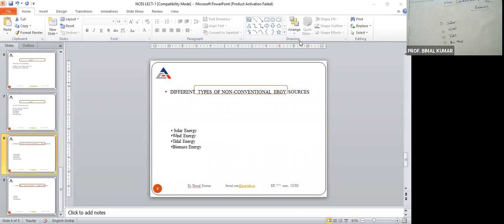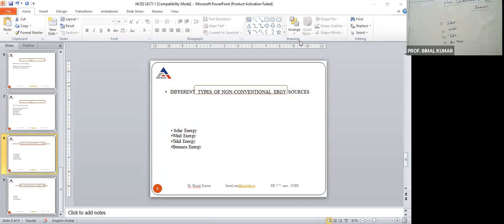If you study after some time period, these sources of energy like coal or petrol are just going to be diminished day by day, right?